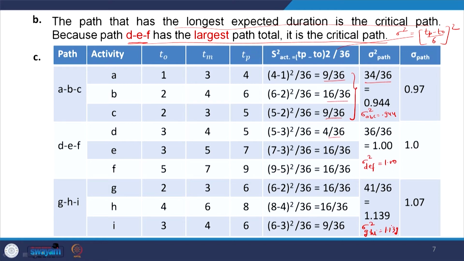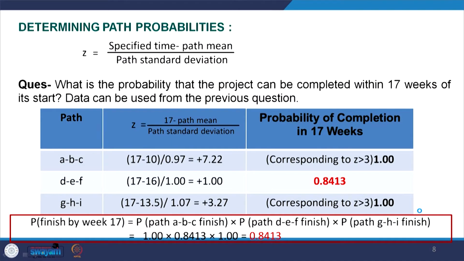And the sigma of ABC will be the square root of this value of variance, so it is the square root of 0.944, and that is coming 0.97. The sigma of DEF equals 1.00, and sigma of GHI equals the square root of 1.139, that is 1.07. So, you have calculated the sigma, the standard deviation, for each of the paths.